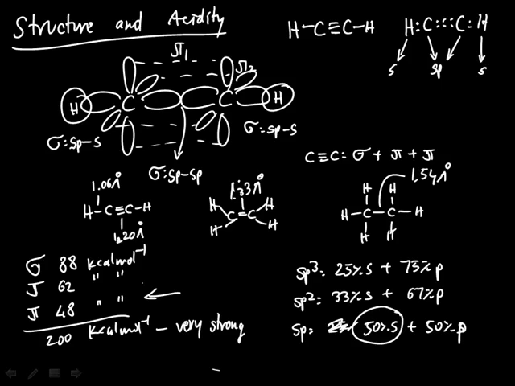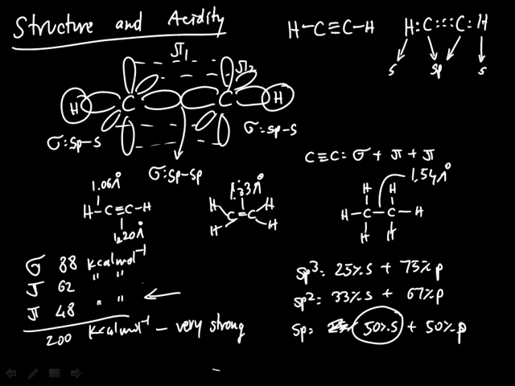Now, what does that mean? That means that s orbitals are closer to the nucleus on average than p orbitals, because p orbitals have a node at the nucleus. So their electron density at the nucleus itself is 0, and when averaged over the whole orbital, it's still comparatively further away than the s orbital.